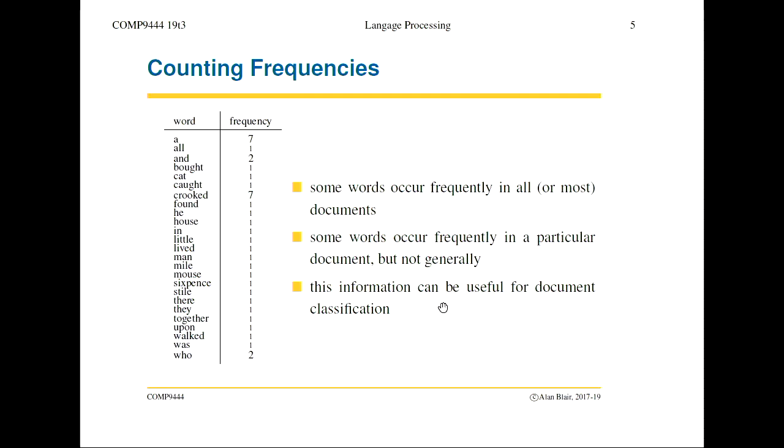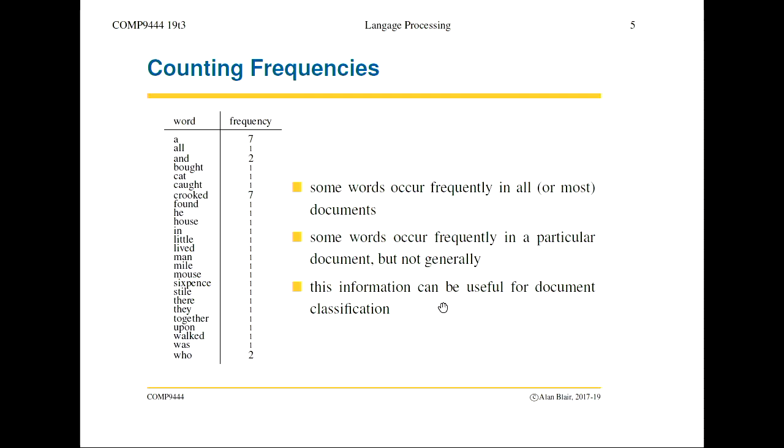So there's this task of document classification where you're given a document and you have to classify it. Is it a legal document? Is it an instruction manual? Is it an opinion piece? Is it a newspaper report? Or sentiment analysis: you're given a review of a movie.